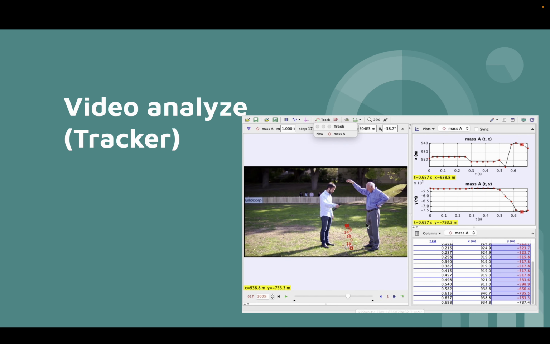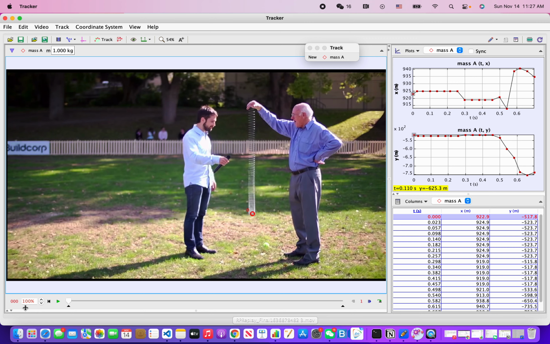And then let's take a look at our visual analysis in Tracker. Let's go.